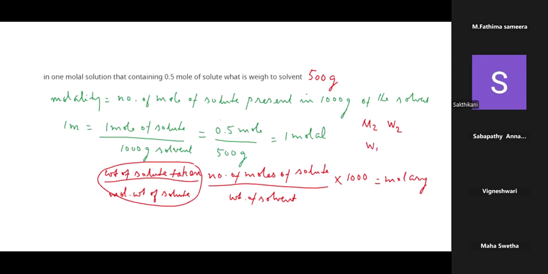Then W2 by M2 divided by W1 into 1000 will give you molality. This calculation is also involved in the calculation of colligative properties. I suppose you understand this problem.